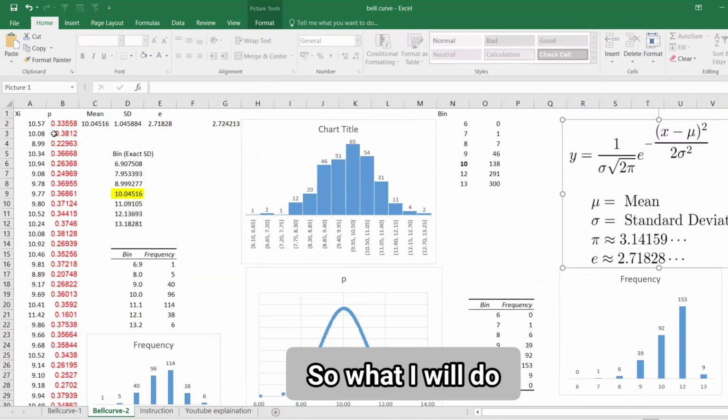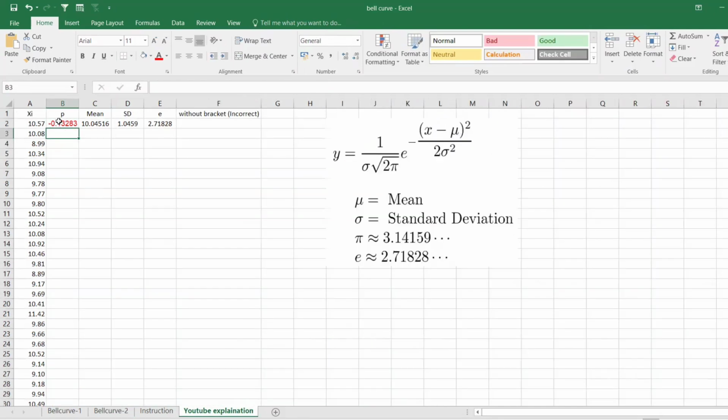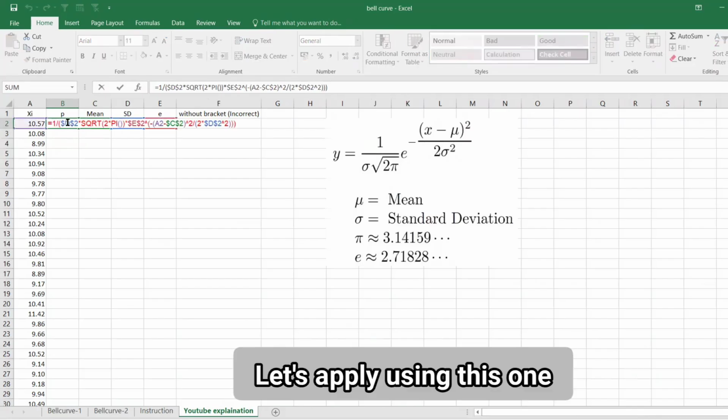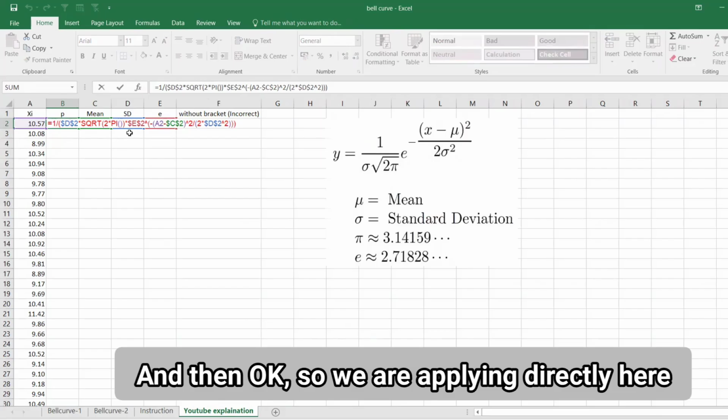So what I will do, something is wrong here. Let's apply using this one. So 1 divided by D, the standard deviation for us, and square root 2 into pi, and then we are applying directly here.